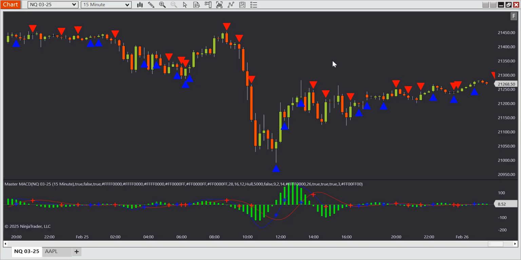And so that's going to be it for this video. The Master MACD, great for spotting momentum and trends, just with very simple price action logic, and again, you could throw on other indicators from the indicator vault that will work perfectly with this and make the drawings a lot easier to see and work with.